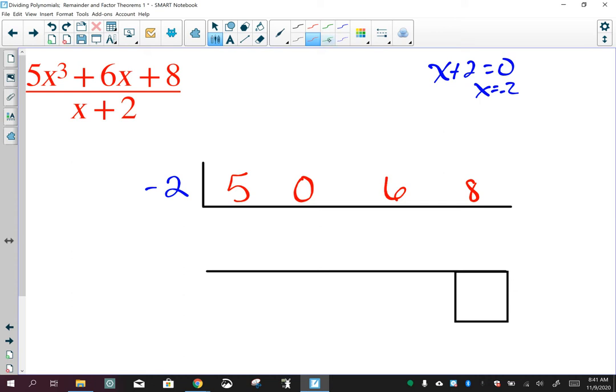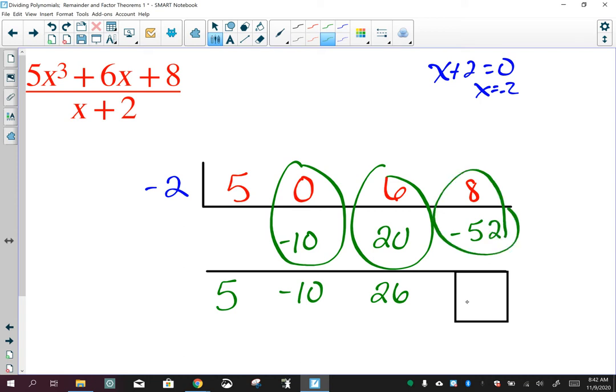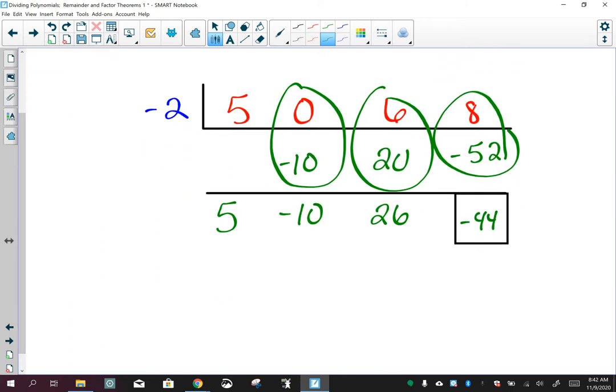Okay? And then I just go through the process. That gives me a negative 10, and then I combine. That gives me a positive 20, and then I combine. And that gives me negative 52, and then I combine. And then I write my answer.